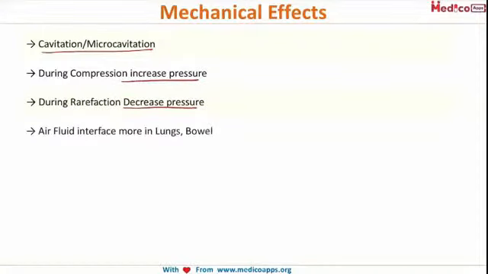Air fluid interface is more in lungs and bowel. And mechanical index is less than 1.9. Mechanical index is the value that attempts to quantify the likelihood of cavitation by an ultrasound beam. This value is readily displayed on the ultrasound screen and it is recommended that it is kept below 1.9.